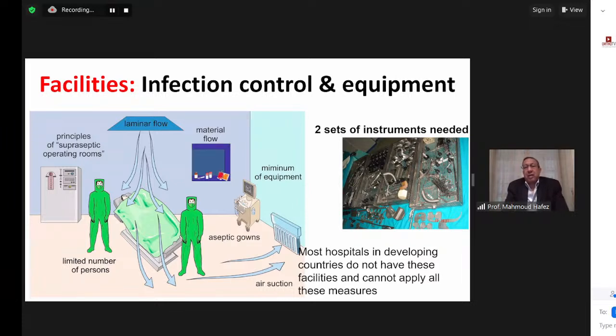When we don't have laminar flow and we have an instrumentation system that comes from the company and is not stored in the hospital, then the instruments are not under laminar flow, which is another problem. And if you're doing a bilateral, even if you have two sets of instruments, it's still a problem.